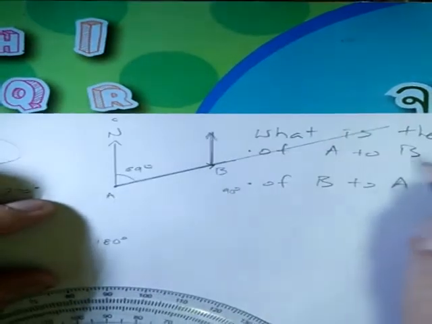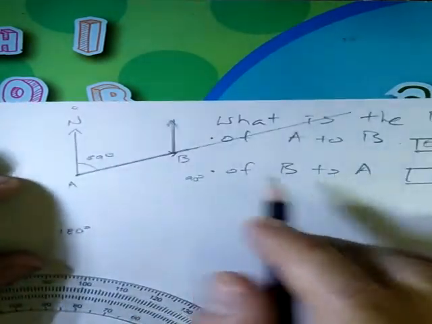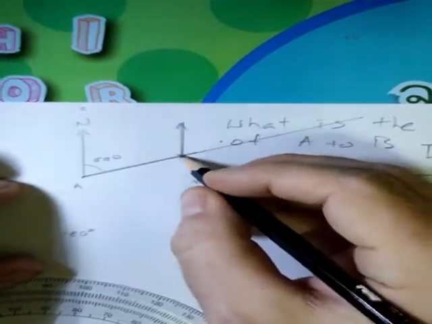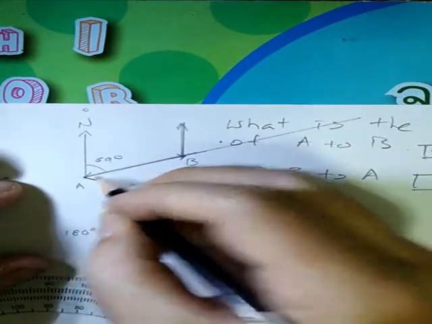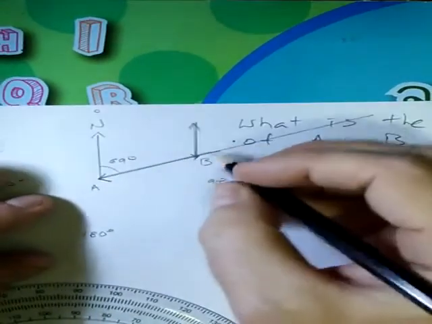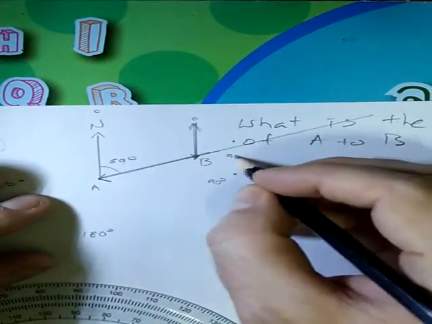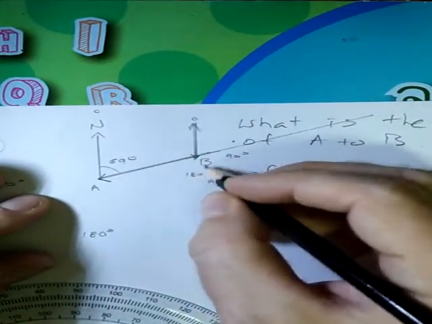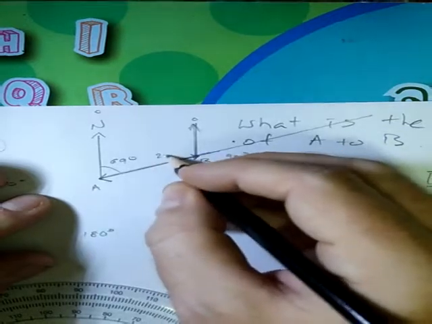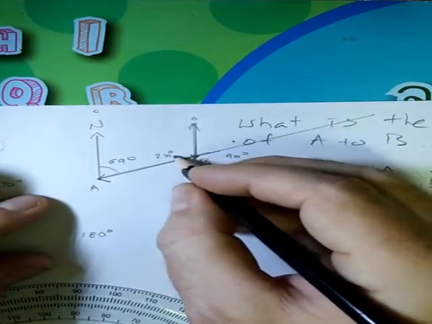But if I were to measure the angle from B to A, so I'm starting here, and I want to know the compass bearing this direction. Well, let's take a look at this again. This would be 0 from this point. This would be 90. This would be 180 from B. This would be 270, a westerly direction.